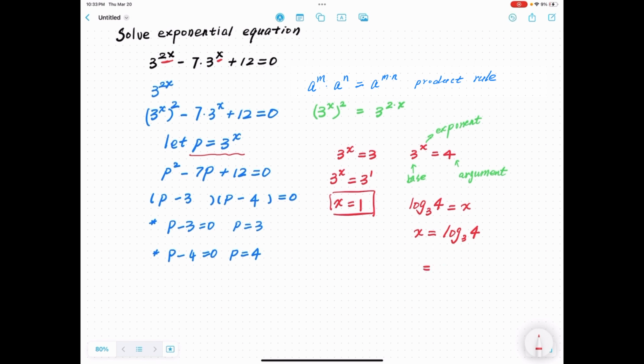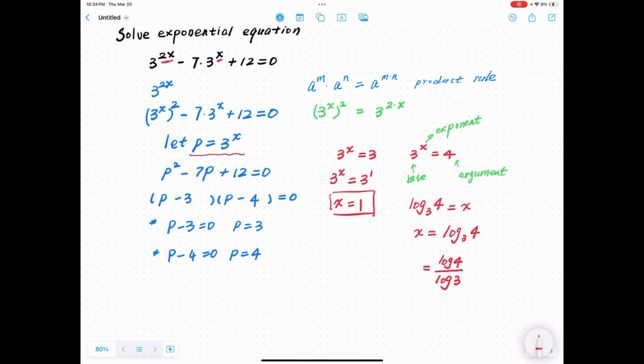So log base 3 of 4 can be turned into log base 10 of 4 divided by log base 10 of 3.